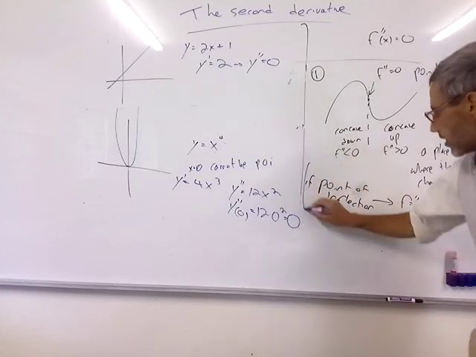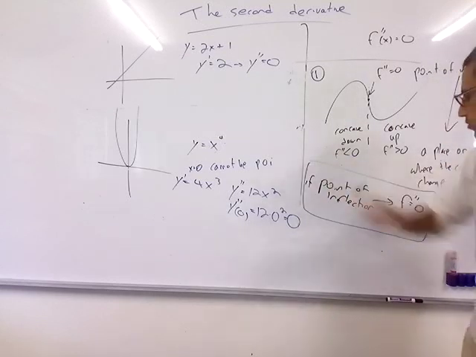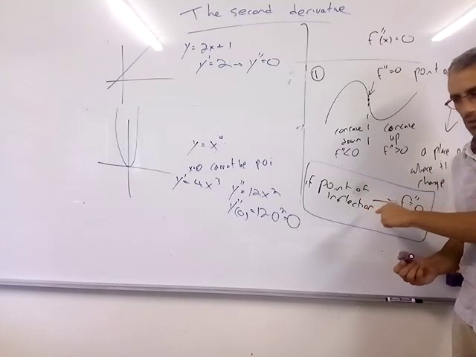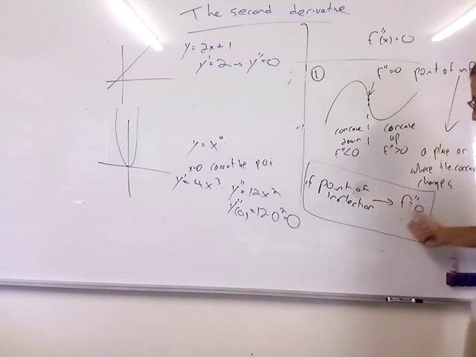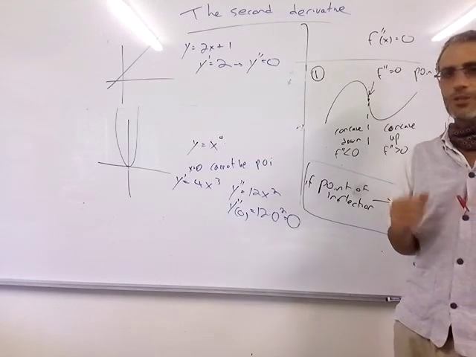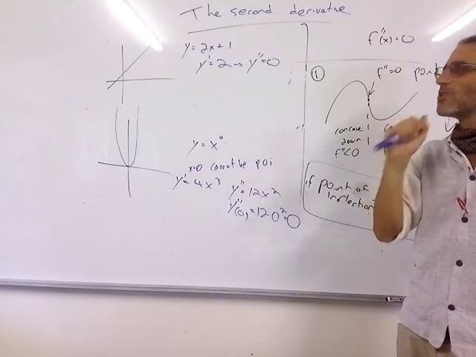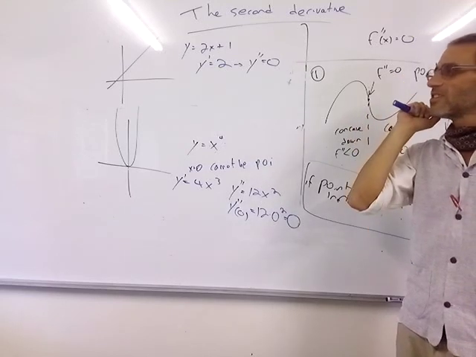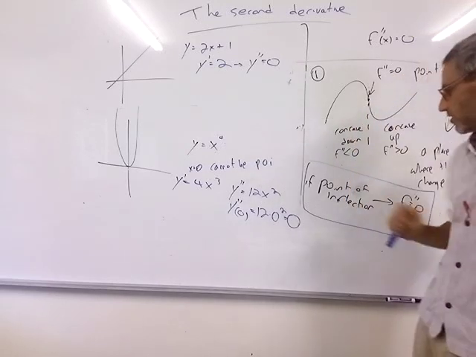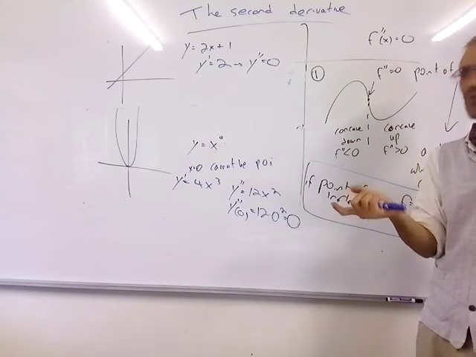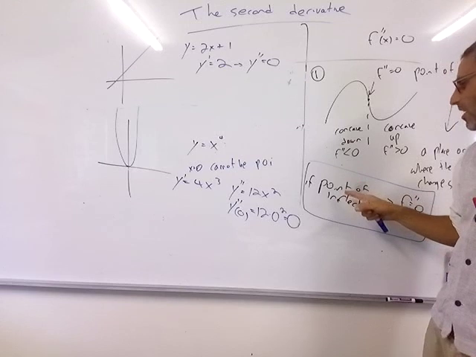What you might say later on in university is that the second derivative being equal to 0 is a necessary but not sufficient condition for a point of inflection.